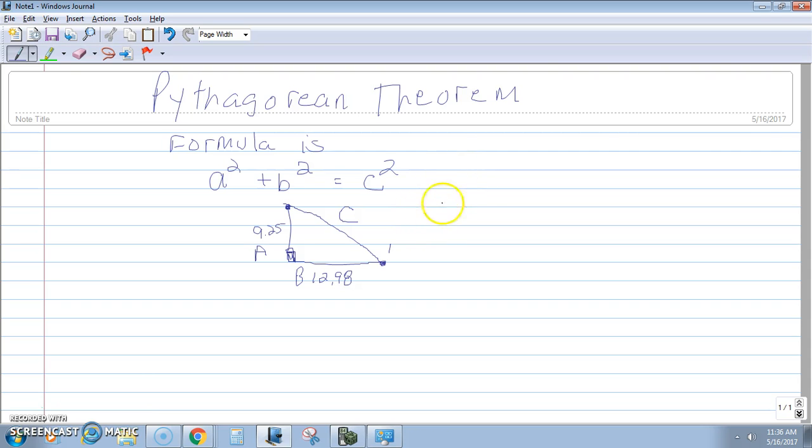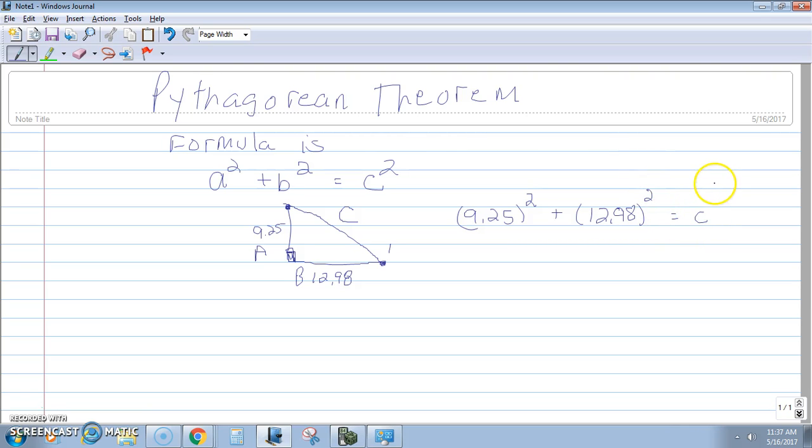So let's plug these in. If A is 9.25, so I have 9.25 if I'm putting it into the formula, squared, plus B is 12.98 squared. Now it looks like we're going to have some order of operations because you have to square those before you add them up.